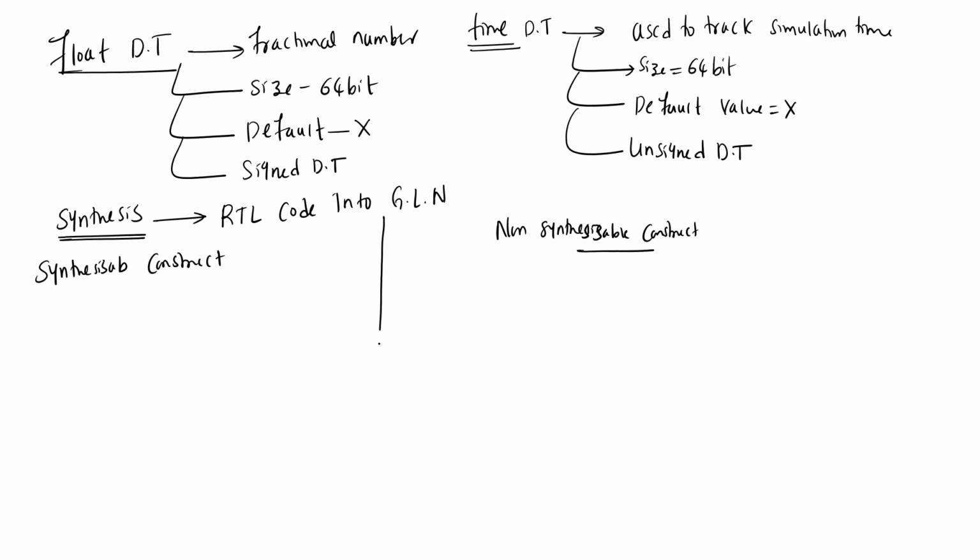Now tell me, we discussed so many data types. What are the synthesizable data types and non-synthesizable data types? Synthesizable are wire and reg, that is, the net data types like wire, wor, and wand.